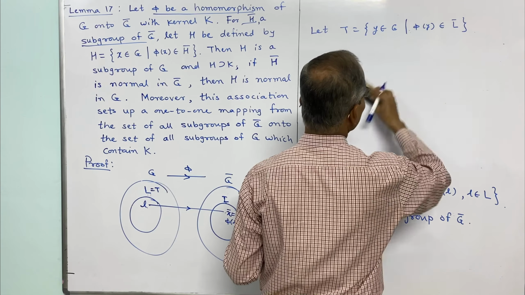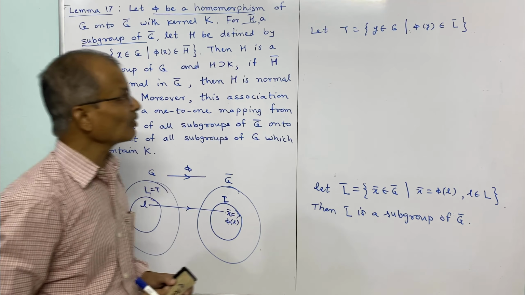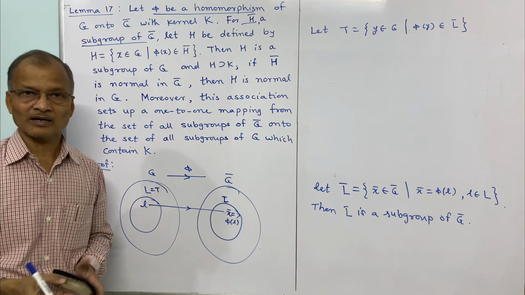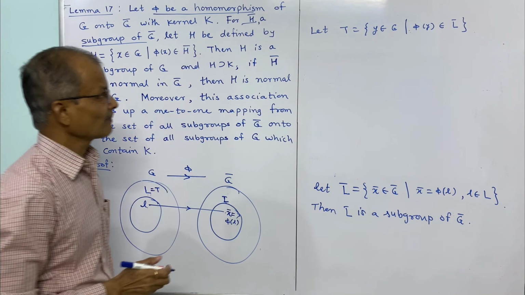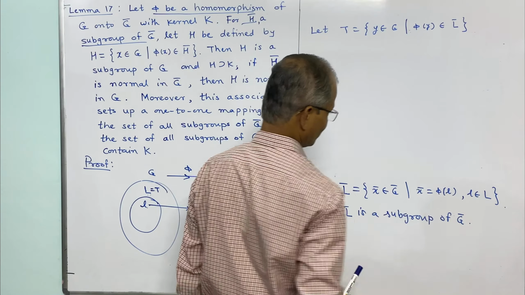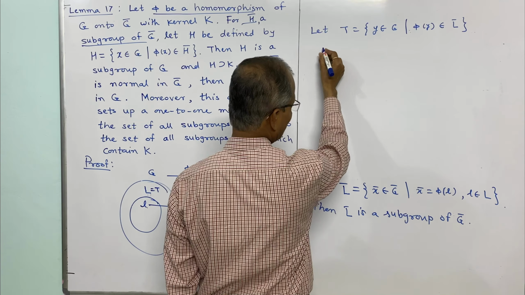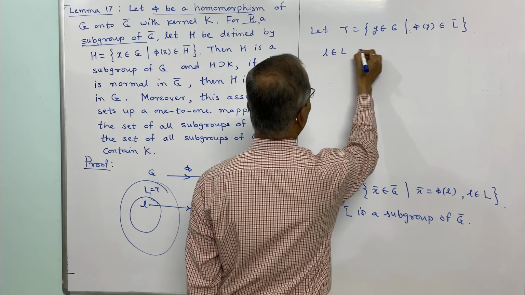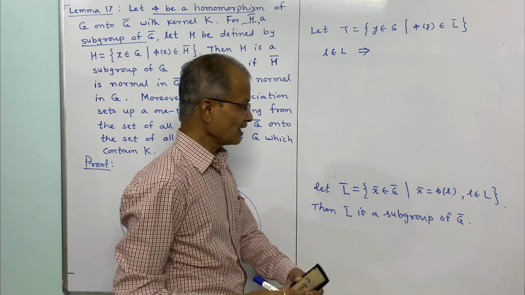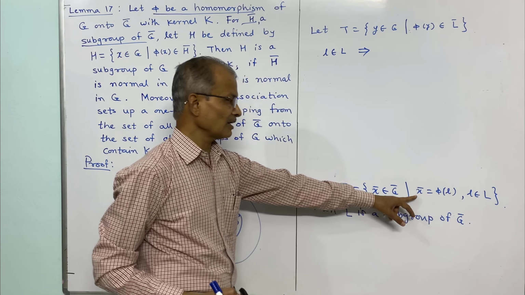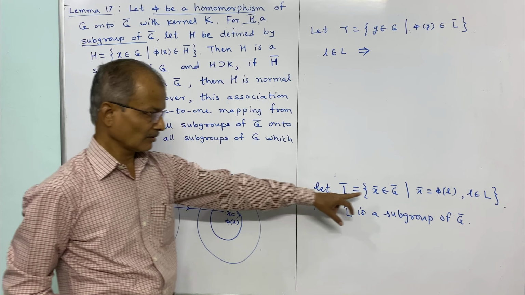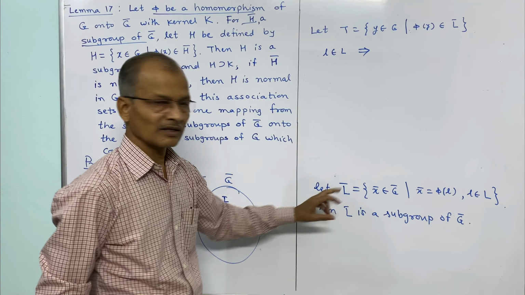For that purpose, we shall show L is a subset of T, and also T is a subset of L. First, L is a subset of T. If l belongs to L, then phi of l is in L bar, that is, x bar is in L bar.